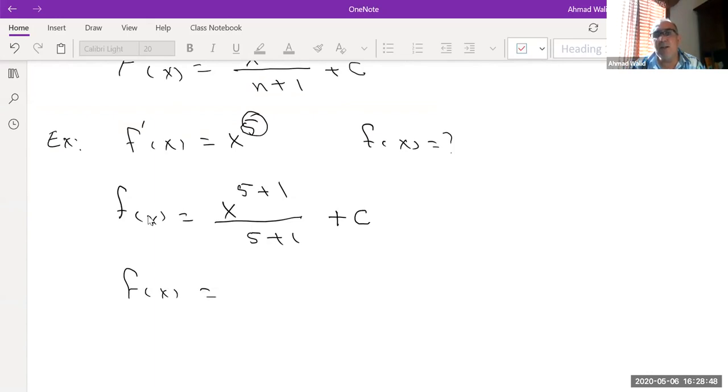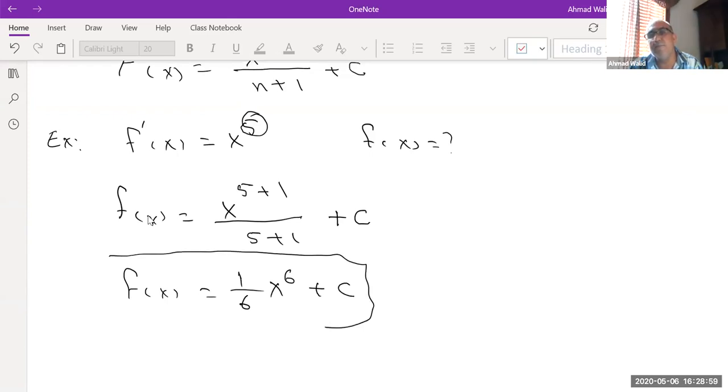F of x equals 1/6 of x to the power of 6, or x to the power of 6 over 6, plus c. This is your antiderivative. If you say no, take the derivative of this function and you will see you end up with the given problem. Easy?